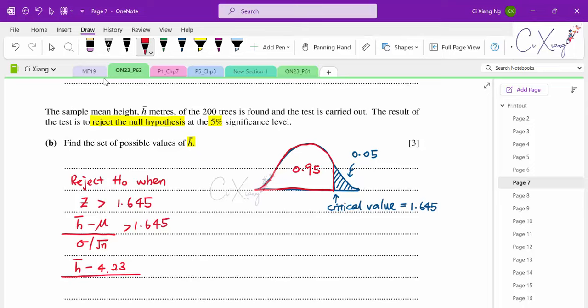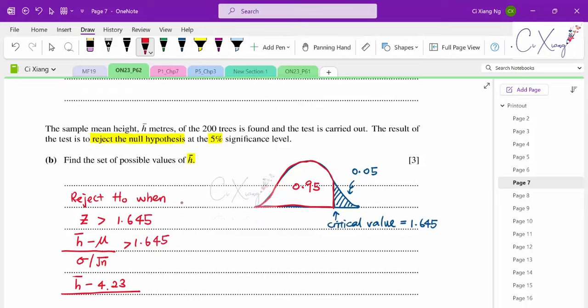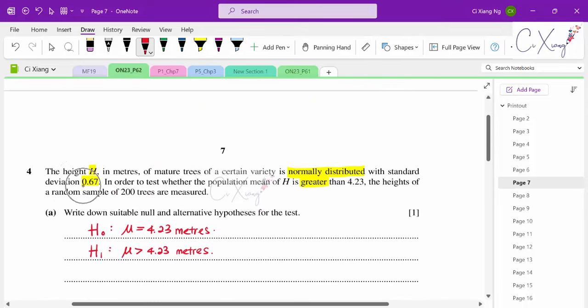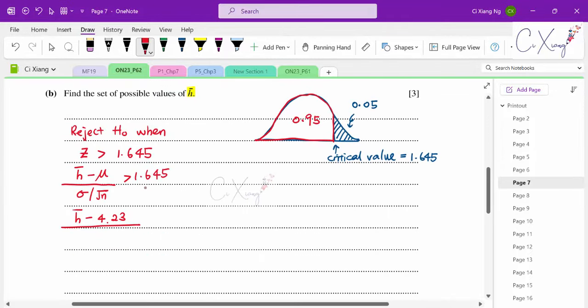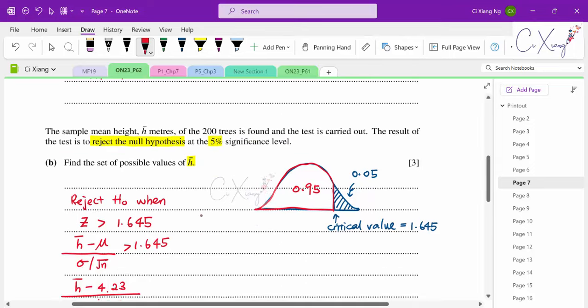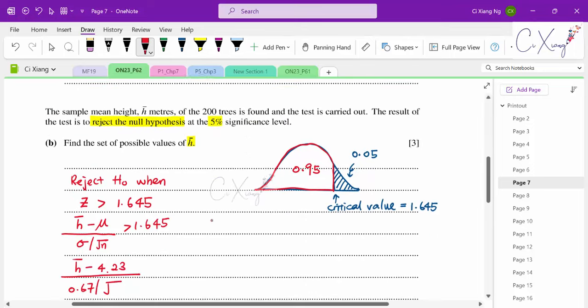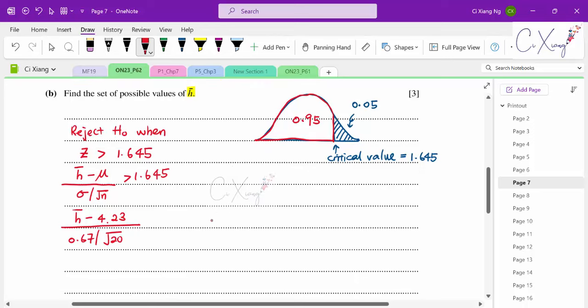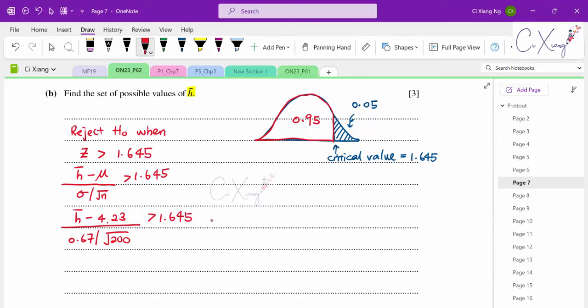The standard deviation of the population is provided just now, 0.67, divided by square root n. The sample size we have here is 200, so divided by square root 200, greater than 1.645. Then just move all the values to the right hand side.